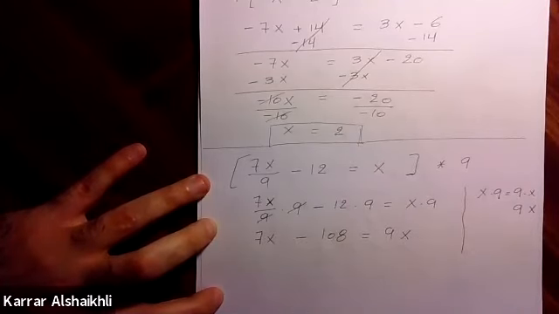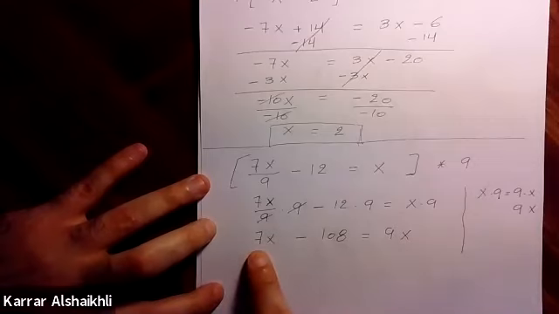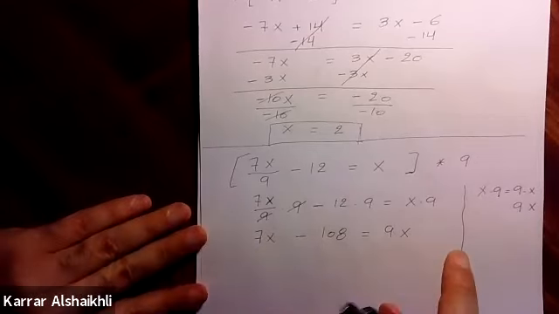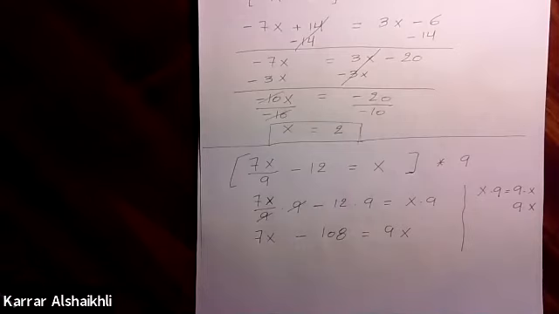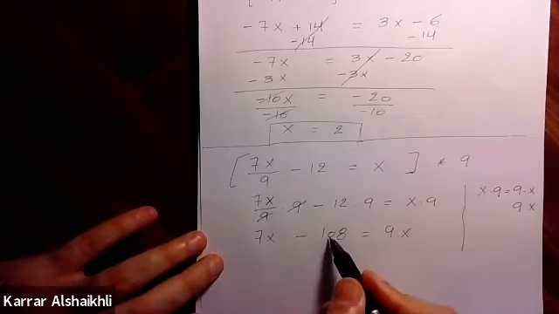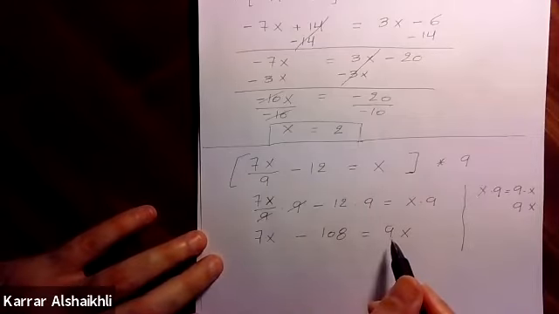Now, next step, move this part to the other side, and you will see the numbers on one side and the variables on the other side. And this is our goal, to put the variables on one side and the numbers on the other side. You can move this one to the other side, and at the same time, you have to move 9x to the other side.